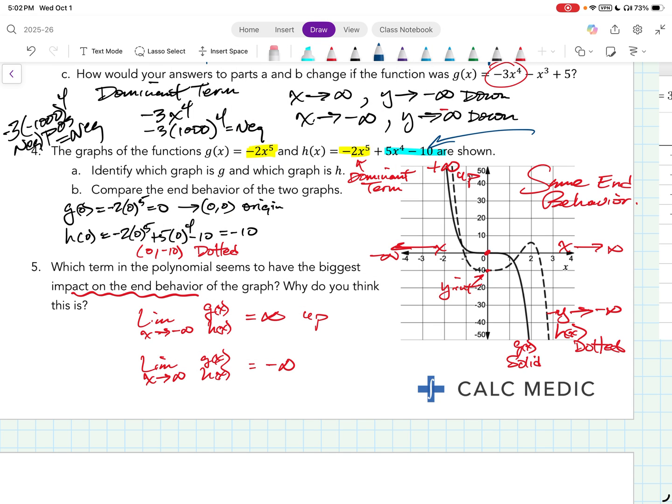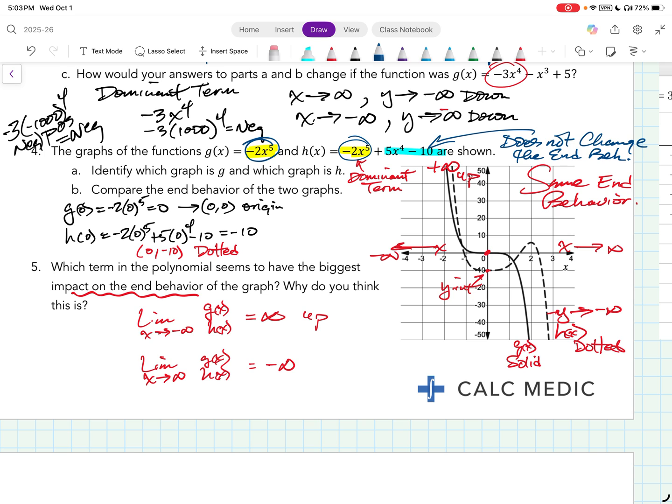They do not change or affect the end behavior. And because of that, the only thing you have to do is look at the dominant terms and compare. That's all you have to look at.